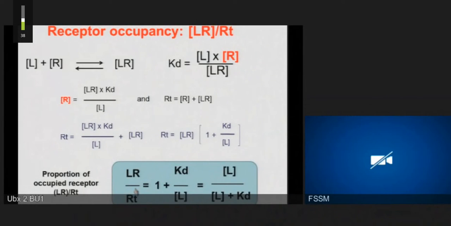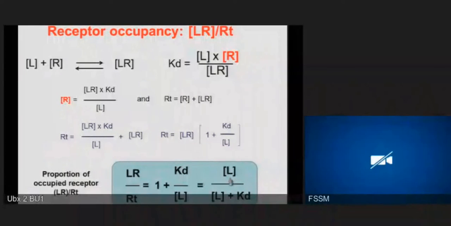And the proportion is, here this is almost 100%, R total, and here this is the complex. So we have here the proportion of occupied receptors, and the proportion of occupied receptors depends on the concentration of L.